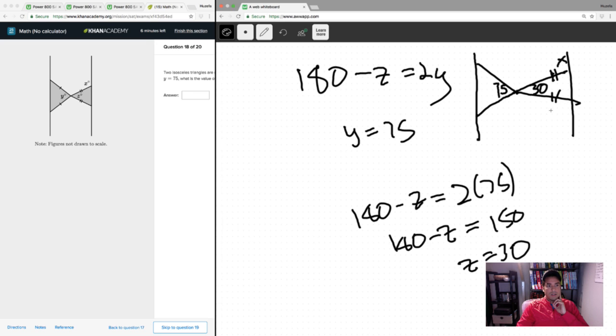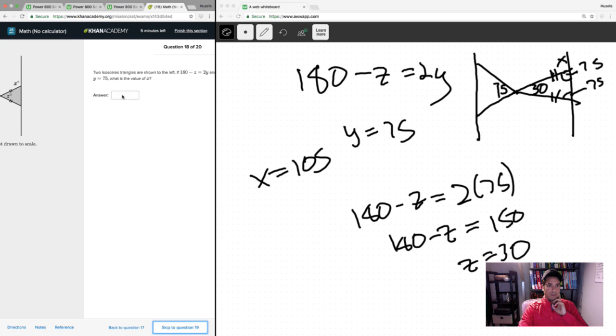If these are isosceles triangles, right, this angle equals this angle. If this top angle is 30, we know that these two must be 75 because they have to add up to 150, so that plus 30 adds up to 180, and then these two are supplementary. So if this is 75, x has to be 105. Okay, let's enter that.